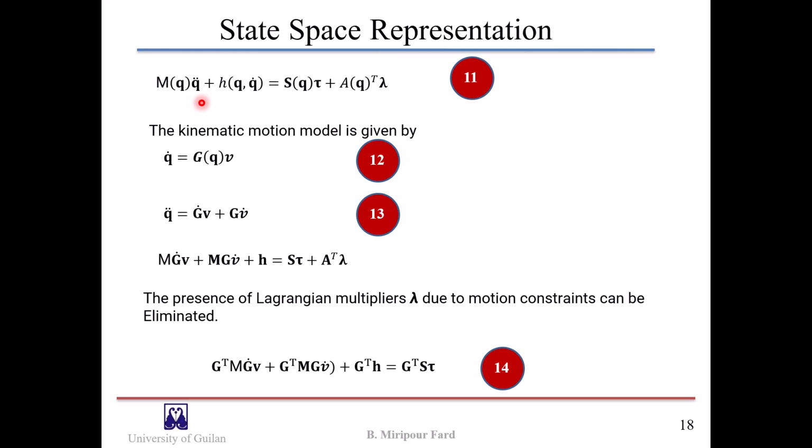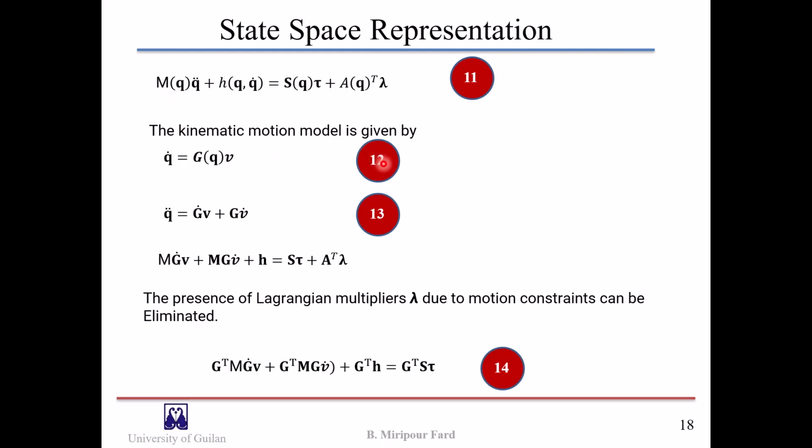And the kinematic motion model is also given by q dot equals G of q times v. For shorter notation, the dependence on q and q dot is omitted in the following equations. For example, we show M of q simply by M, and h of q and q dot simply by h.